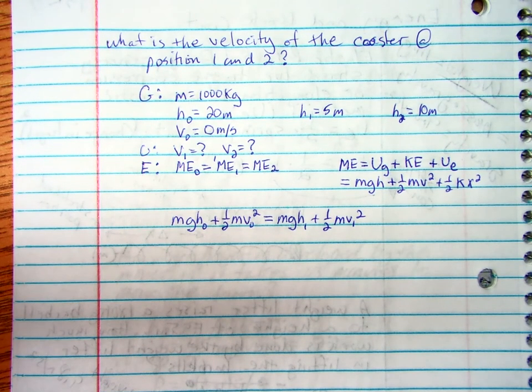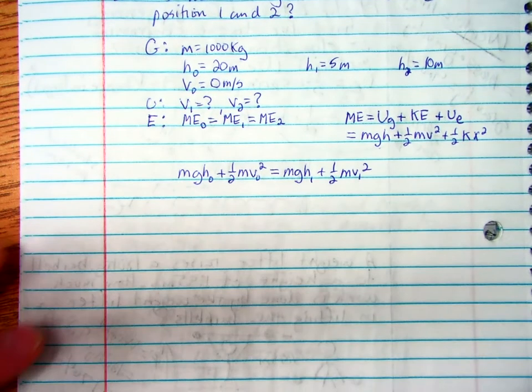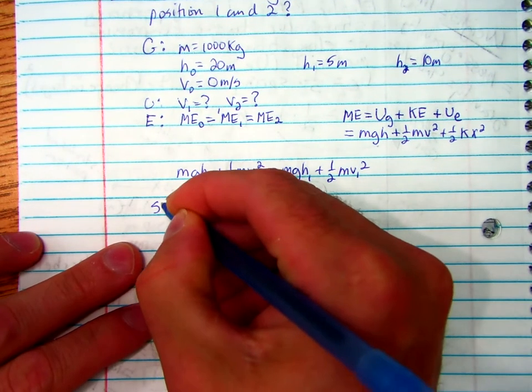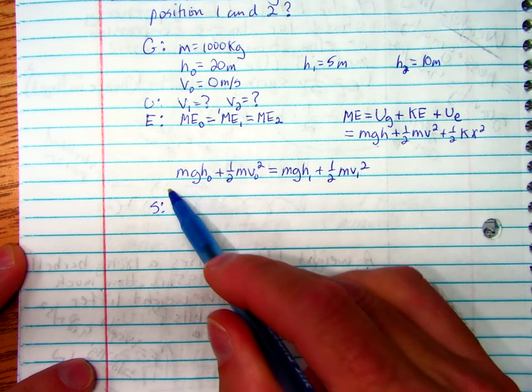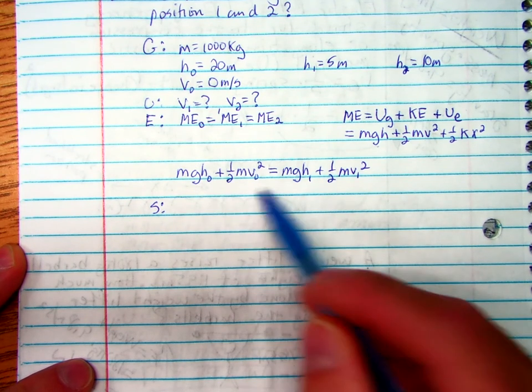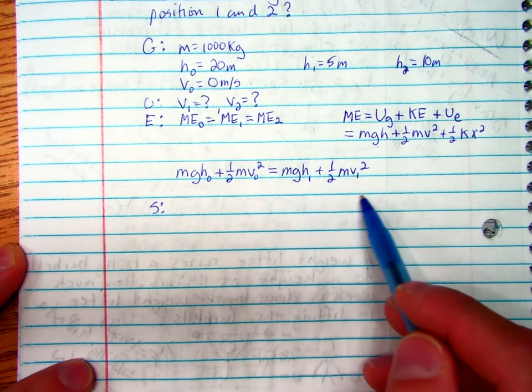Okay, I'm going to stop there, and I'm going to solve for the velocity at position 1. So I'm going to substitute values. This represents the energy at position 0. It has to be equal to the energy at position 1.